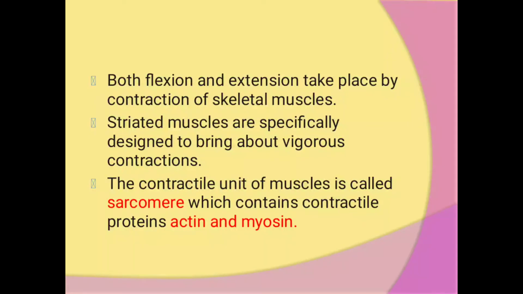For this purpose there is a contractile unit of muscle called a sarcomere, and in that sarcomere there are contractile proteins known as actin and myosin, which play an important role in the contraction and relaxation of muscles.